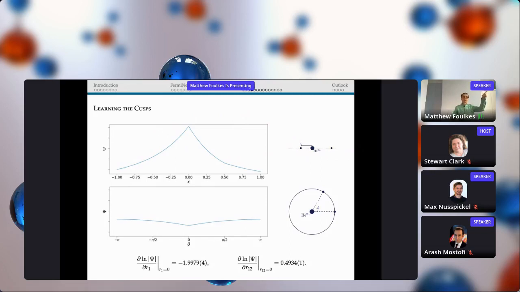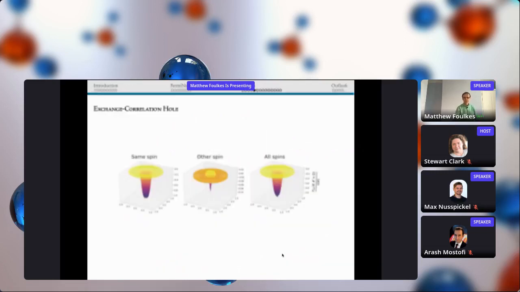And that absolute value function, even before you enter the network, has a cusp in it when the two particles are on top of each other. So that allows the network to learn the cusps, and it does a fantastic job. There's exact results here for these cusps, and this should say -2, and this should say 0.5 for an electron-electron cusp, and it's very close.